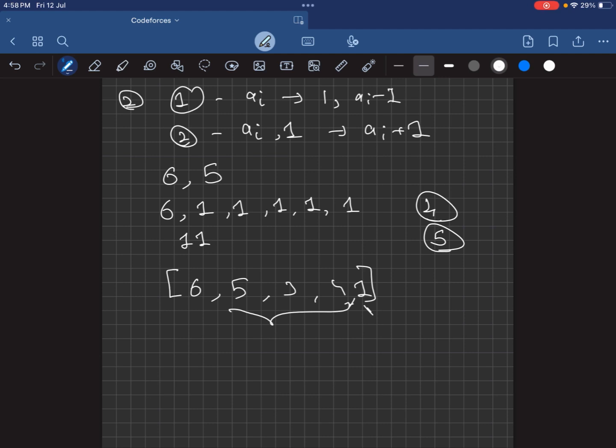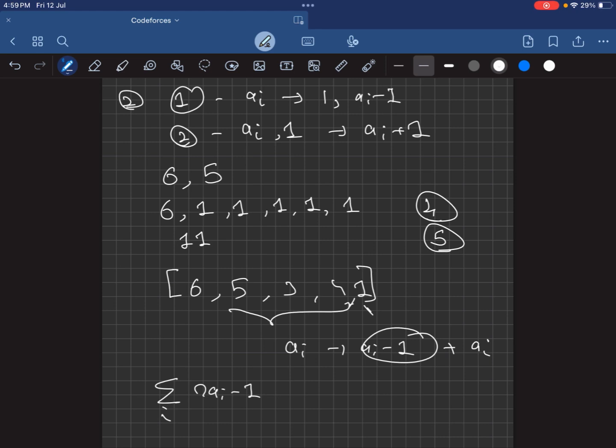To do this, for each ai you will need ai minus 1 operations, and to merge them into the main casserole, we'll need another ai operations for each ai. So the answer is essentially the summation over all i of 2 ai minus 1, that is, ai minus 1 operations to break them into length 1, and ai operations to merge them.